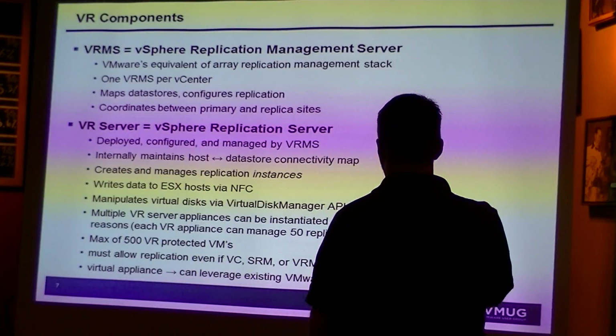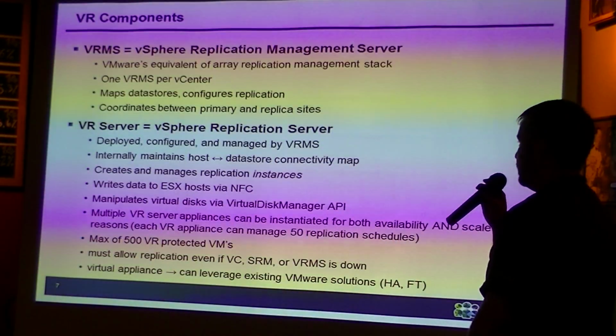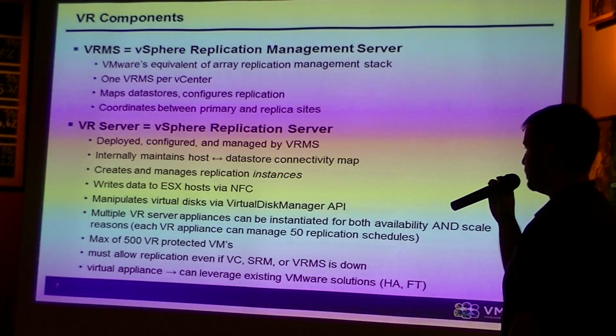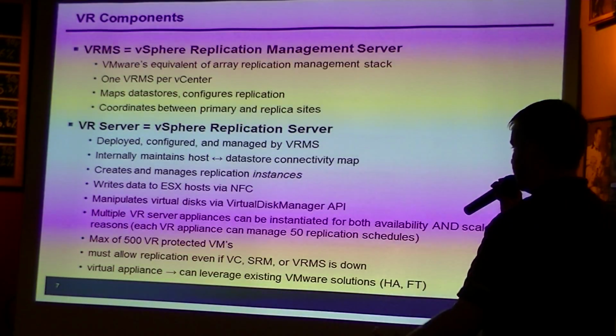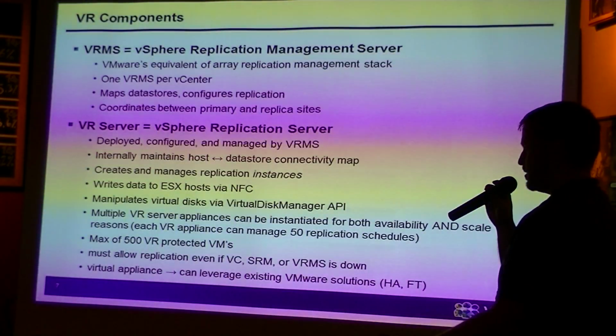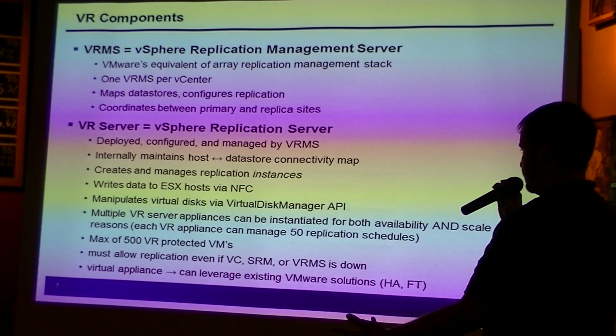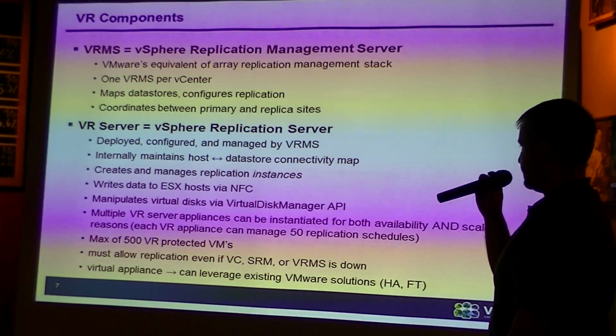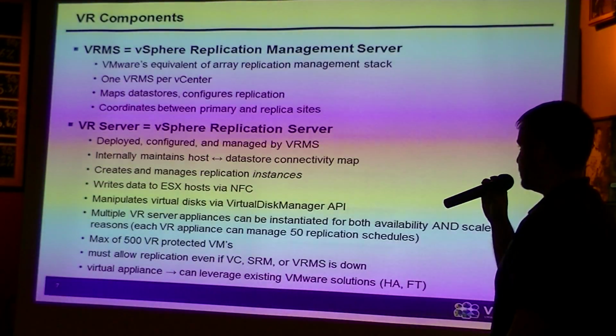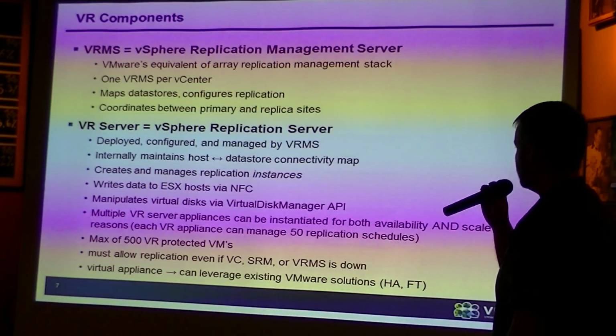And then as far as what each of those things do, the vSphere Replication Management Server, you only need one per site. It essentially maps the data stores in between each site. It's going to coordinate all of the interactions between the primary and replica sites.